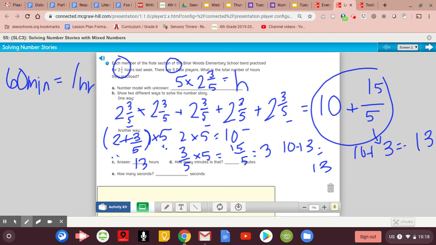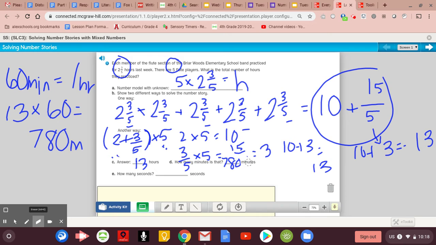So we are going to take that 13 times 60, which when I solved it, gives me 780 minutes. So we're going to put that over here. 780, it's a little messy, I know, it's okay. We'll erase this 5.